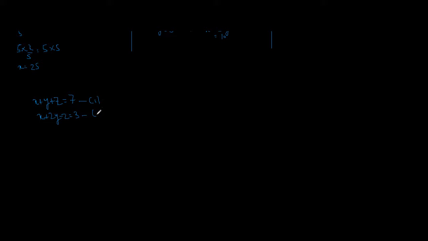This is my equation 1, this is my equation 2, and the last equation I would like to take is 3x plus 5y plus z equal to 19. So now we have our three equations here.